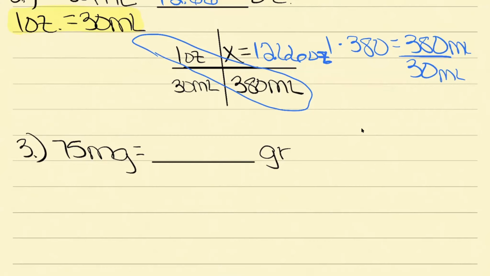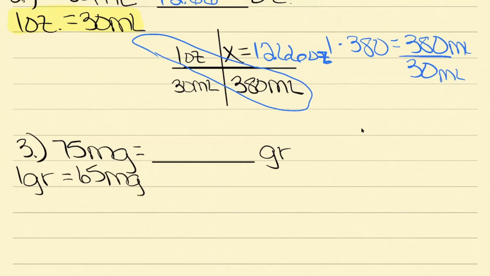So what relationship do we have that connects milligrams and grains? 1 grain is equal to, and this is the one where it had 3 different options, it just depends on the literature. But like I said, I like to use 65 milligrams.